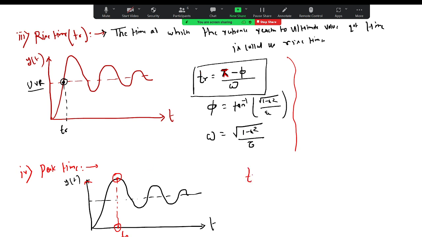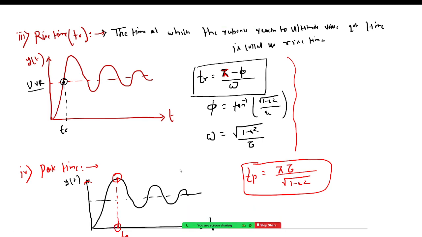So the peak time is defined as pi tau divided by root over 1 minus zeta square. Again, this is a parameter that has been calculated from some modeling. You have to remember these things. That's it. You don't have to do derivation here.